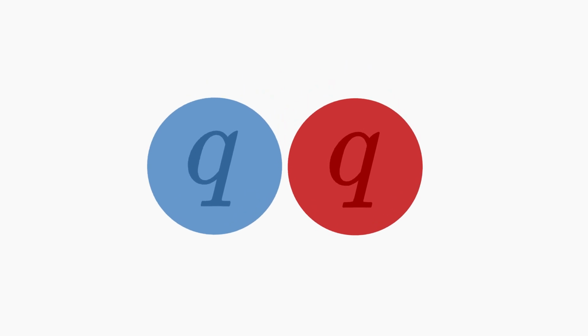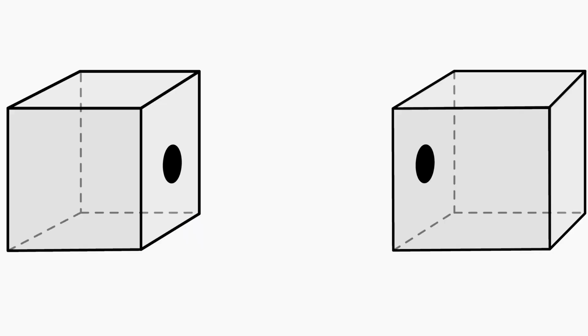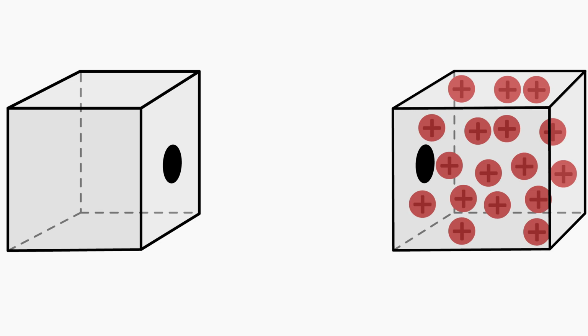But what do electric charges have to do with electric current? Let's do a little thought experiment with what we know so far. Take two boxes with a hole that can be opened and closed. First we close both holes. In one box we put many positive particles. Each of them carries the same charge Q, and for fun it is 1 coulomb.